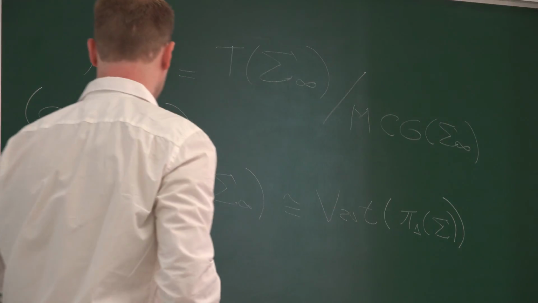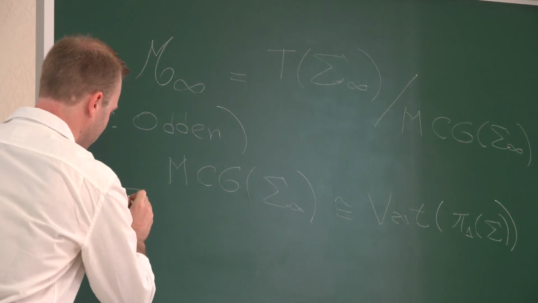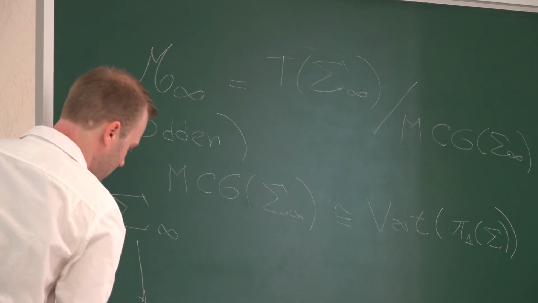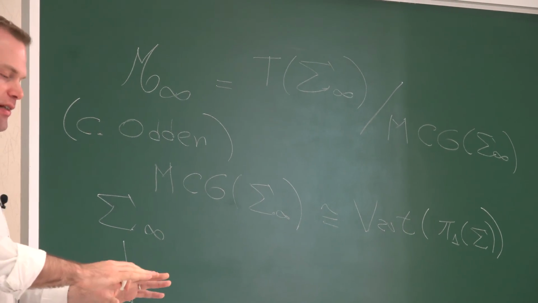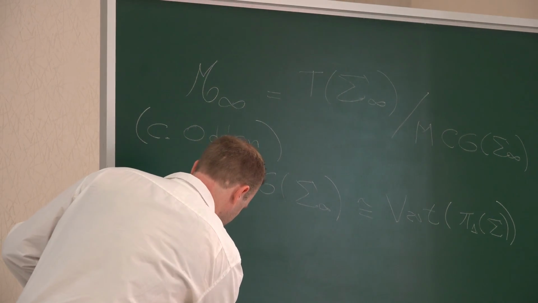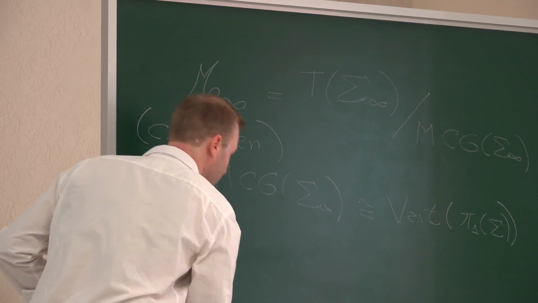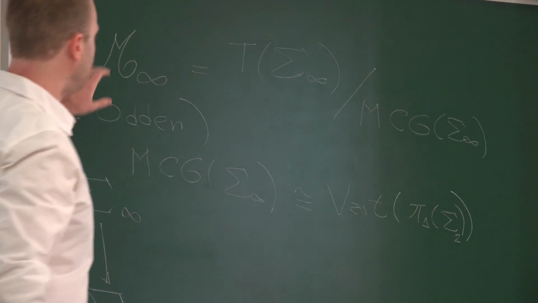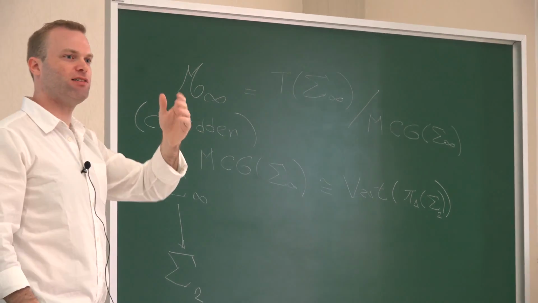Recall that you have the lamination, and it covers the base, the genus G surface. And this is the moduli space you were asking for.